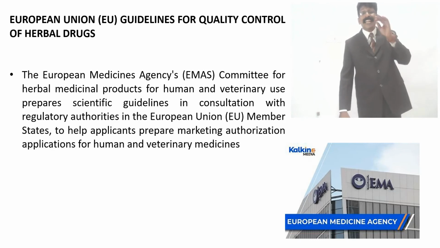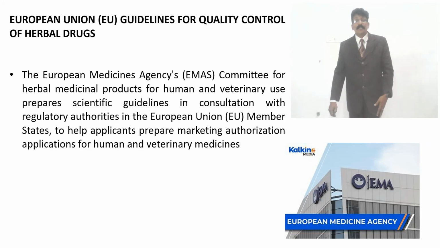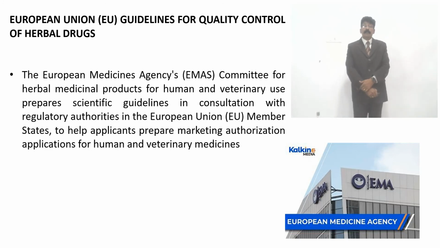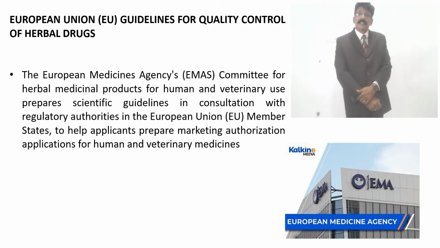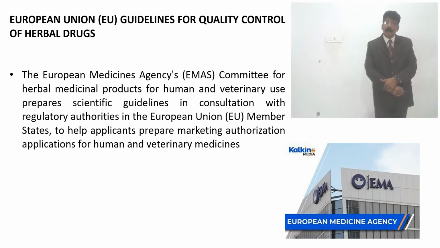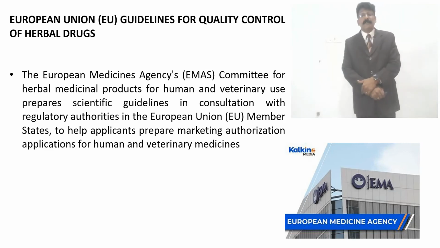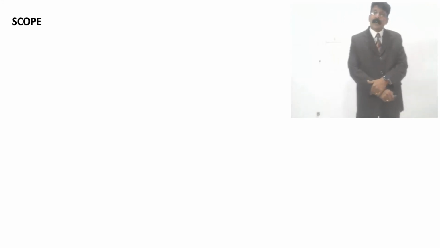It prepares scientific guidelines in consultation with regulatory authorities in European Union member states, to help applicants prepare marketing authorization applications for human and veterinary medicines. So what's the scope of these guidelines given by the European Union and ICH?